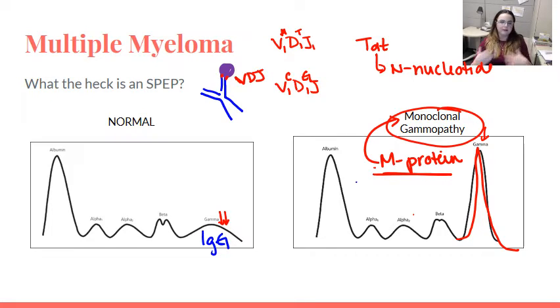The SPEP, even though we give kind of actual quantifying numbers, it's not actually a good quantification of the amount of immunoglobulin in a patient, but it is a really great way of indicating, does the patient have a monoclonal gammopathy or a polyclonal gammopathy? Because obviously those are two completely different problems.